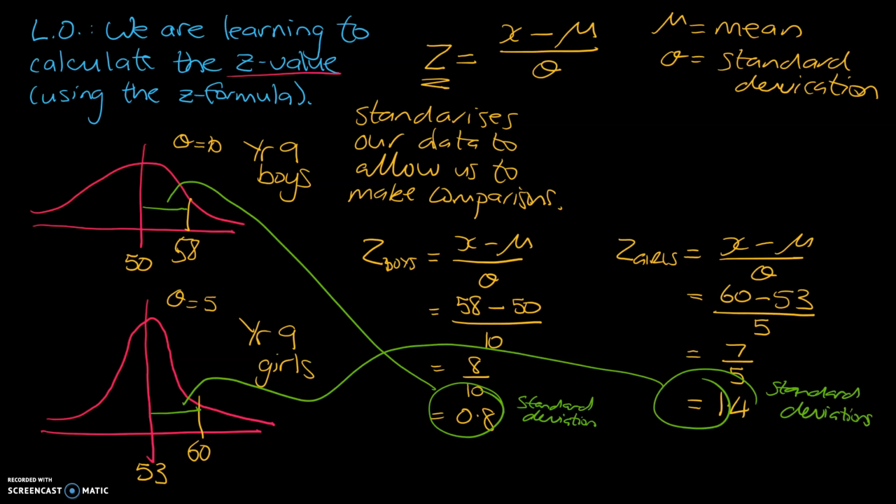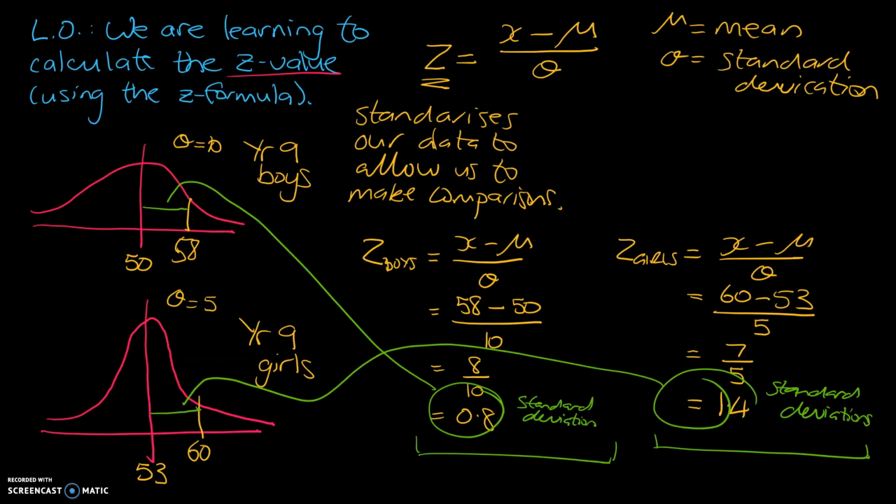And that allows us to make a comparison between the two groups. So based on our year 9 boy and our year 9 girl, the year 9 boy is closer to the mean weight of the rest of their group. And that's compared with a year 9 girl who is a bit further away from the mean weight of her group.